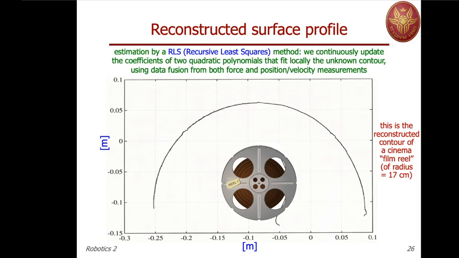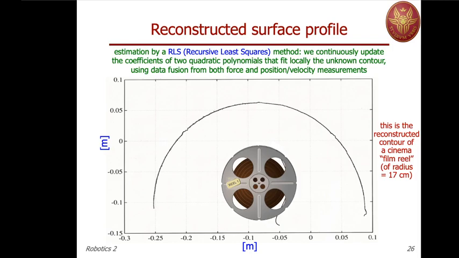From these functional polynomials that we have fitted, and we are fitting recursively while we move on, we can compute the tangent and the normal, and therefore regulate the force along the normal and the velocity along the tangent. This is a two-dimensional task, in fact, so we don't care about extra quantities. But this shows that you can do it, and this is more or less exactly what we expected.